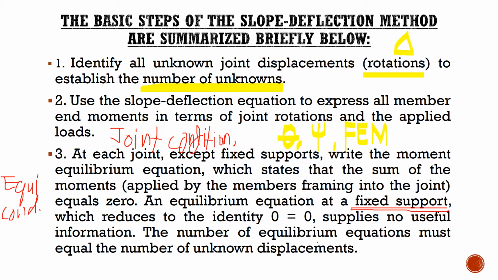So the number of equilibrium equations must equal the number of unknown displacements. So you must remember that. From the joint condition, you will form the equilibrium equations for you to determine the displacements, those thetas. Okay?